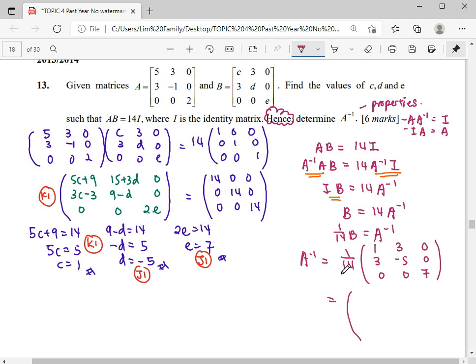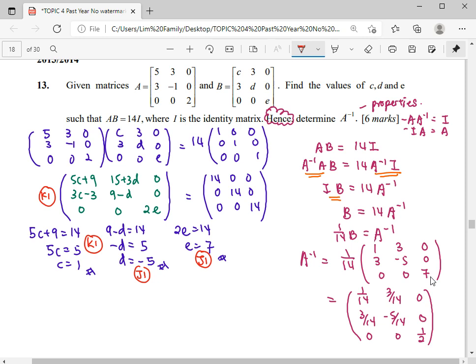We have to show our multiplication with the numbers and make sure we show the simplest form. So 1 over 14, then 3 over 14, 0, 3 over 14, negative 5 over 14, 0, continue 0, 0. Then when you multiply 7, you have to put it in the simplest form, that is 1 over 2.